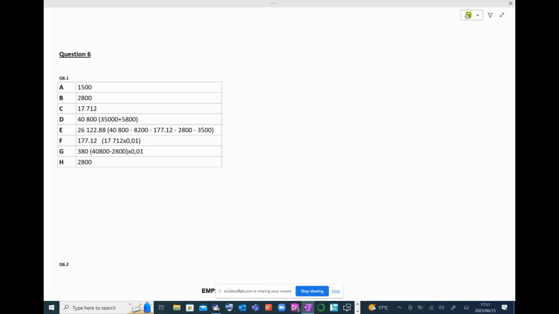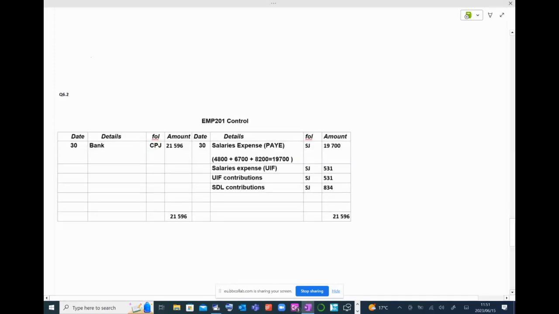With PAYE, we only have the deduction from the employee. They don't contribute to our taxes. And there you have it. And there you can see, I've also shown my workings. So there you have it. It's exactly the same as before.